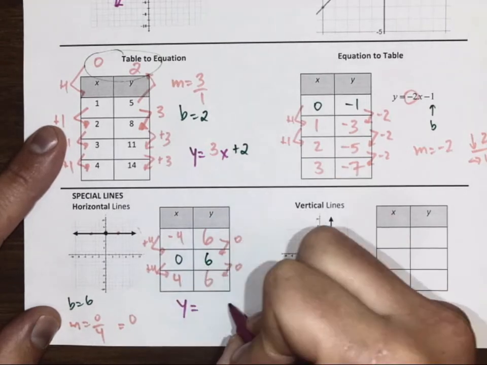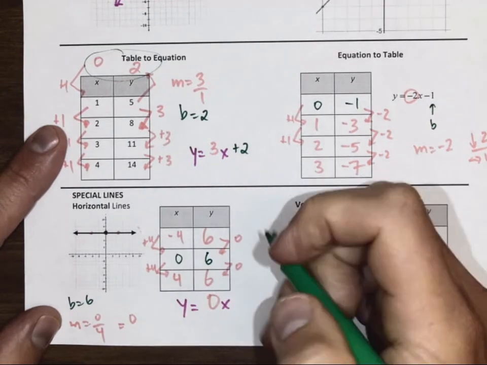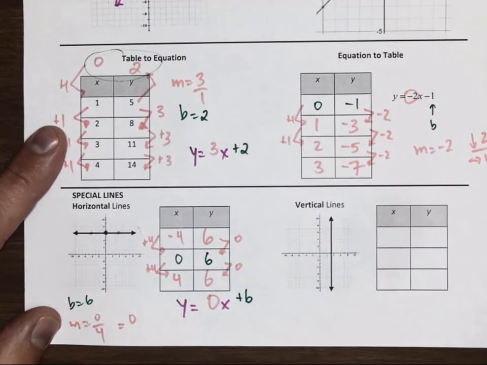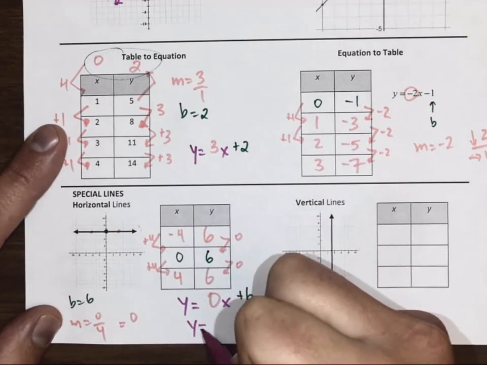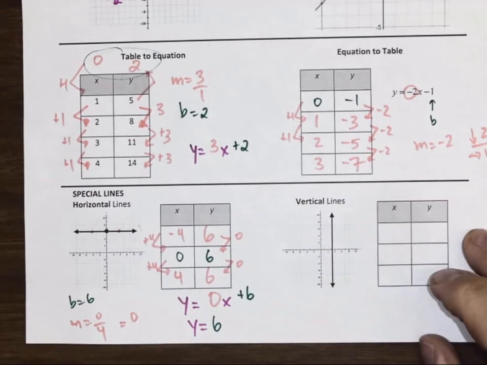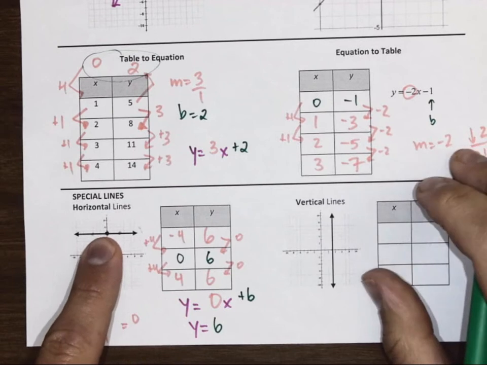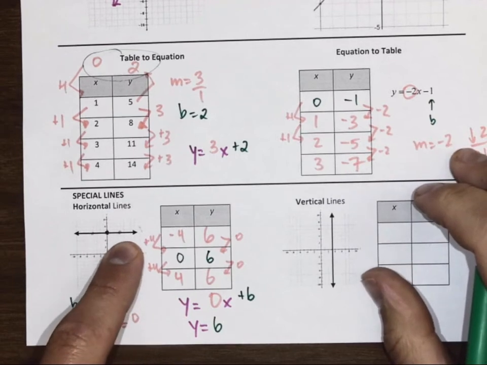So y equals 0x plus 6. Well, I don't need to show that 0x, so y equals 6. So any horizontal line has the equation y equals 6, the y-intercept, because no matter what x is, y equals 6.